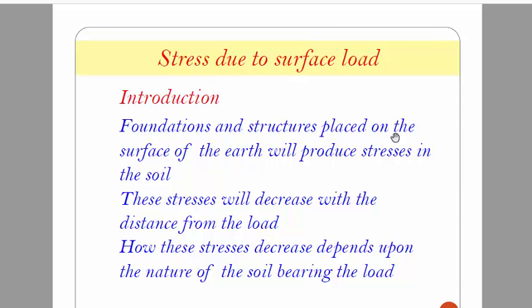Foundation structures placed on the earth's surface will produce stress in the soil, and these stresses decrease with the distance from the load. How these stresses decrease depends upon the nature of the soil bearing the load.